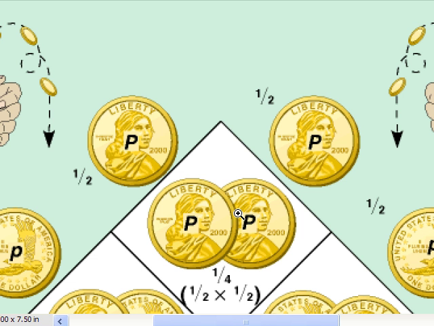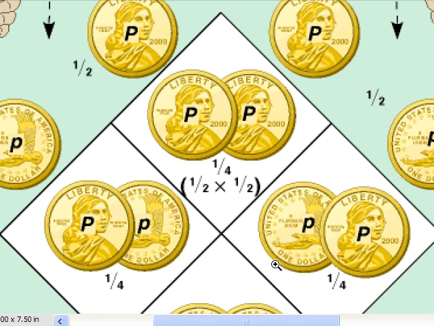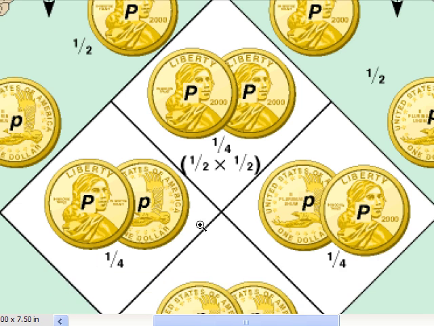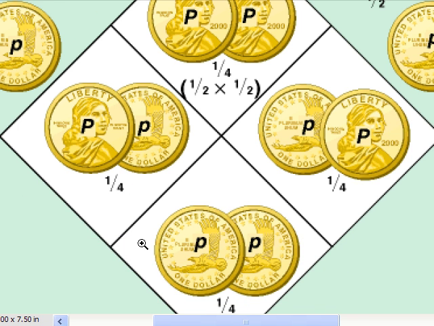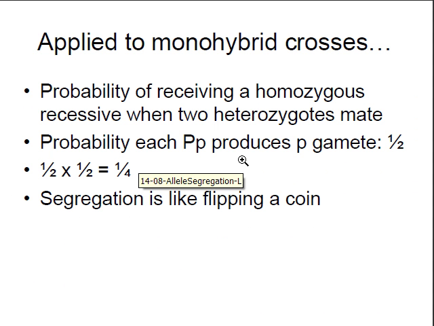Well, that's like the probability that two coins flipped are going to be heads, so that's 1/4. What's the probability that you're going to get this particular genotype down here at the bottom, homozygous recessive? Well, it's like flipping a coin and getting 2 tails. So you can see how probability can be used to describe what's going on here.